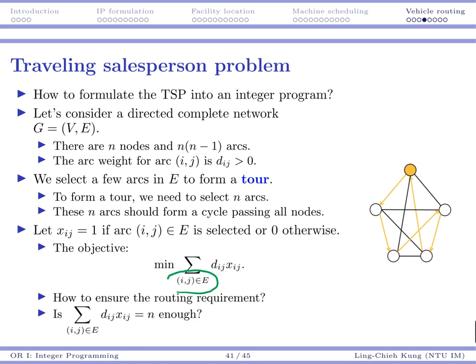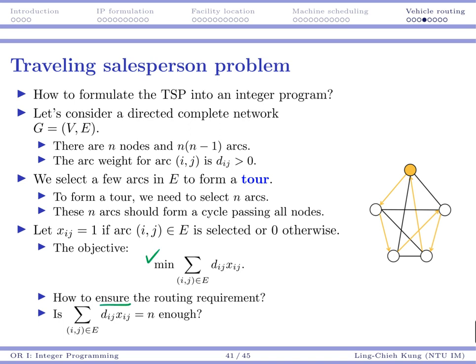Basically, we consider all those edges, all those arcs, and ask for which pair of arcs ij we have xij being 1. Once we want to select this arc, we need to take care of that dij, because dij is going to be added into our tour. All right, so this is the summation. This summation is the total traveling distance, and we try to minimize this one.